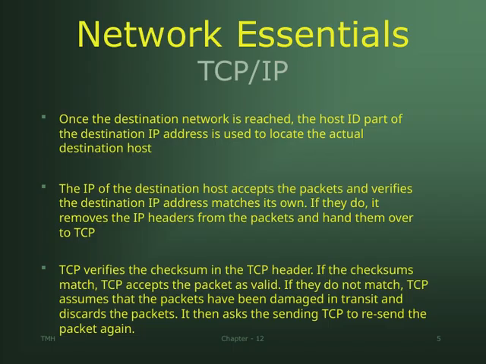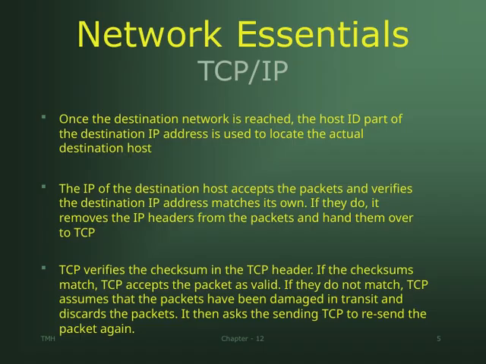TCP then takes charge of verifying the integrity of the data. It checks the checksum in the TCP header, which is a way to confirm that the data hasn't been corrupted during transit. If the checksum matches, TCP considers the packet valid and processes it further. But if the checksum doesn't match, that indicates the data may have been damaged in transit.